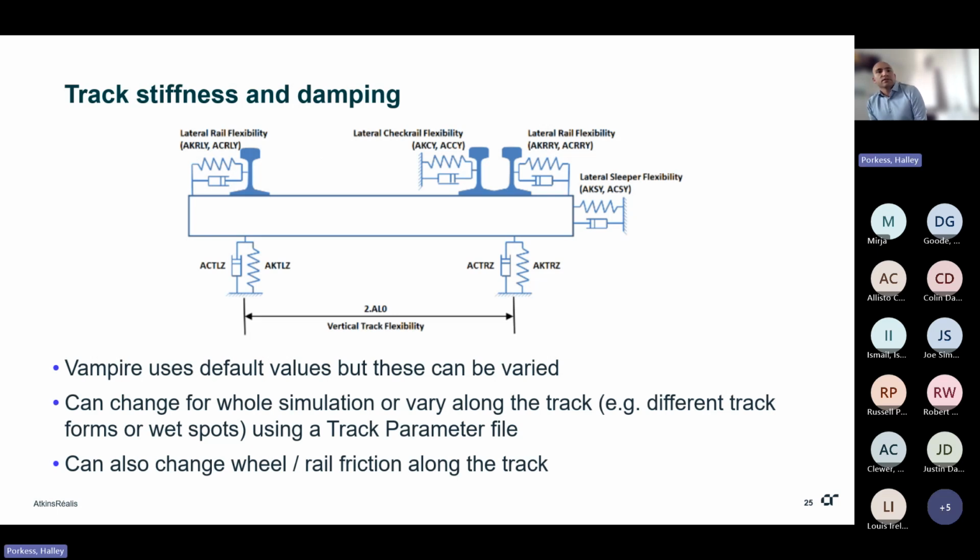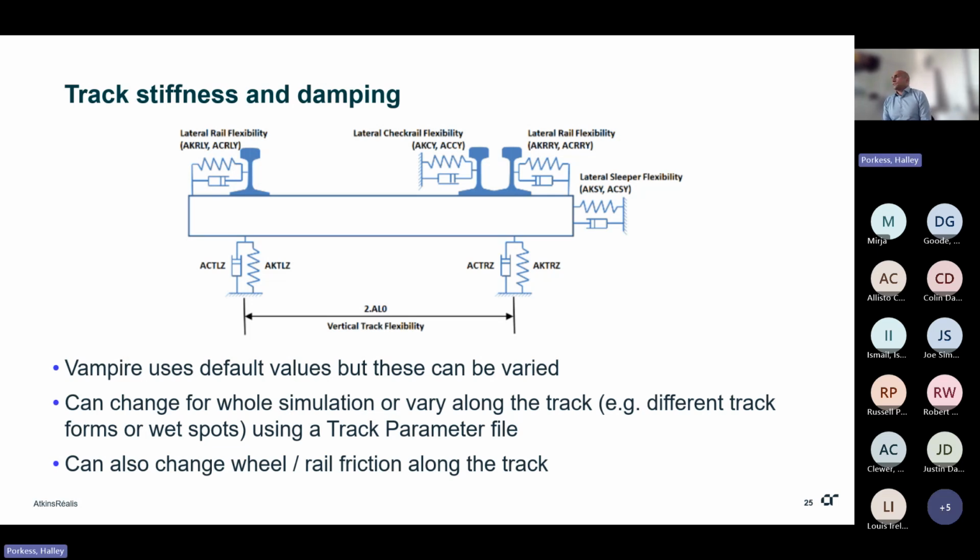The track is modelled, again using stiffnesses and dampings. So we have a vertical stiffness and damping for the whole track. But each rail has its own stiffness and damping, and the sleeper has a stiffness and damping, as does the track rail if it's modelled.